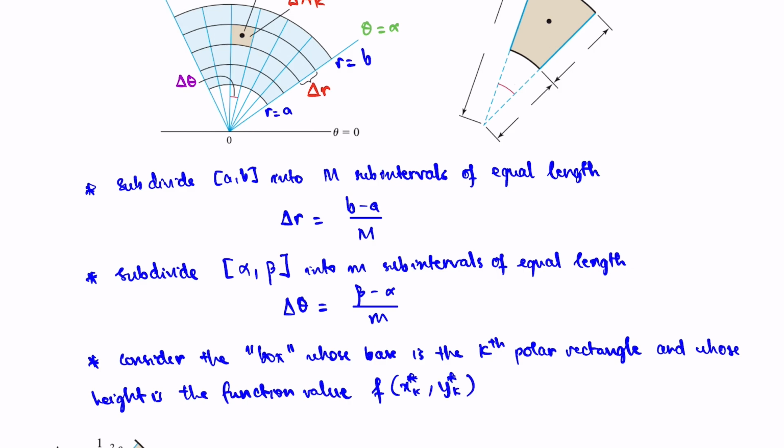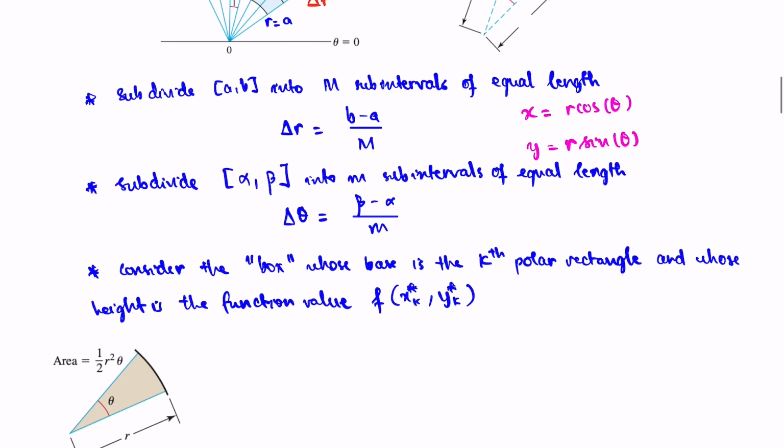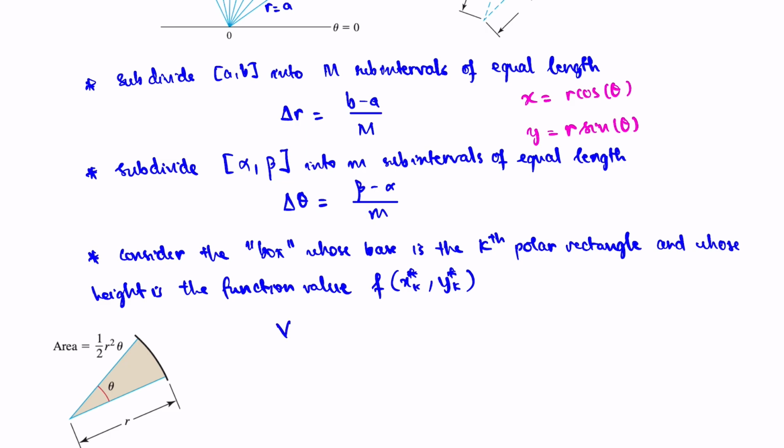We still use the idea of x and y, but we're going to convert that later to r and theta, because remember that x is equal to r times cosine of theta, and y is equal to r times sine of theta. So the volume can be calculated as V sub k is equal to delta A_k times f of x_k star, y_k star. Now this is the volume of just one box, the volume of just the kth box.